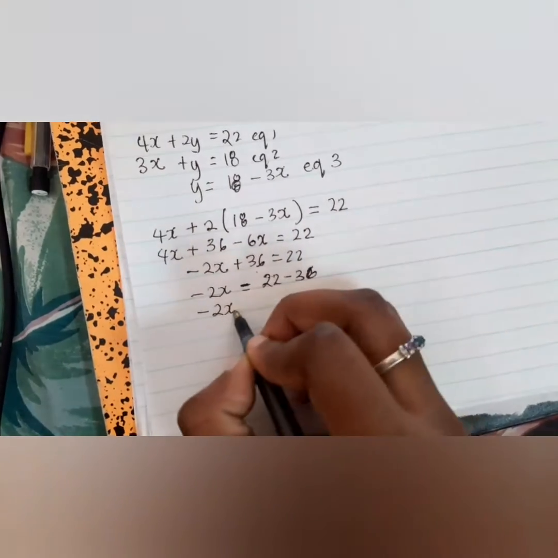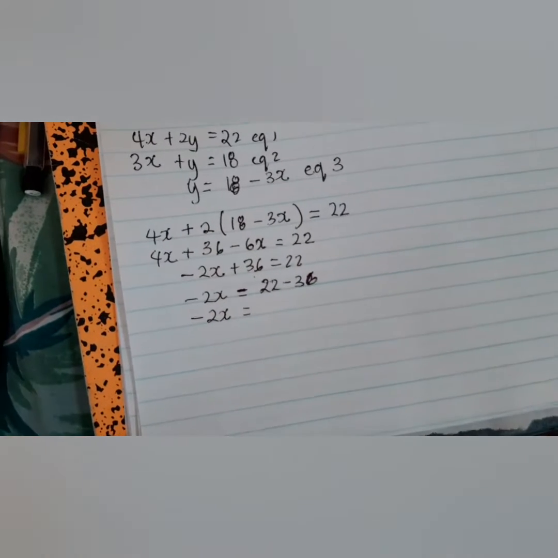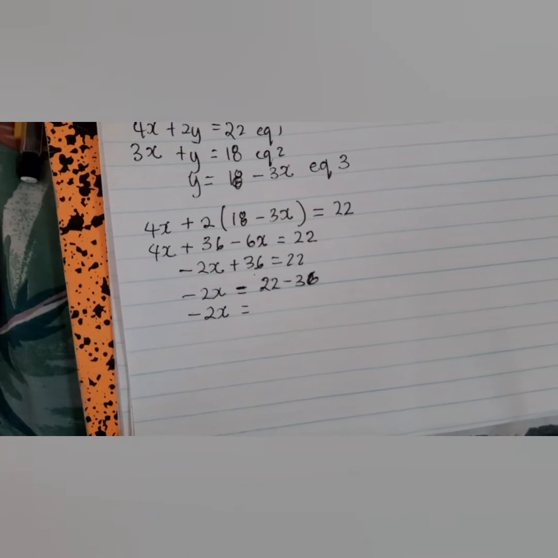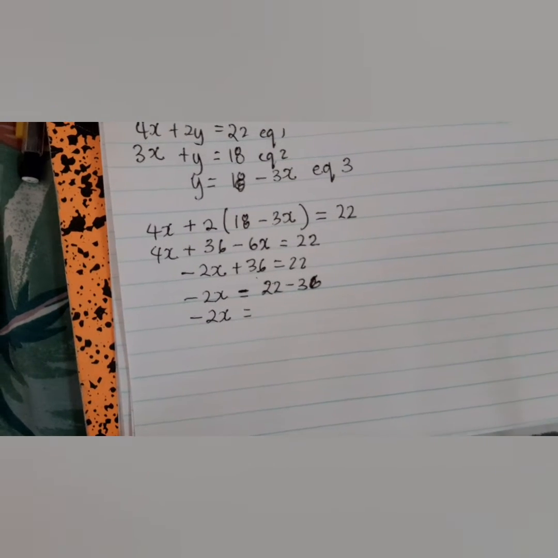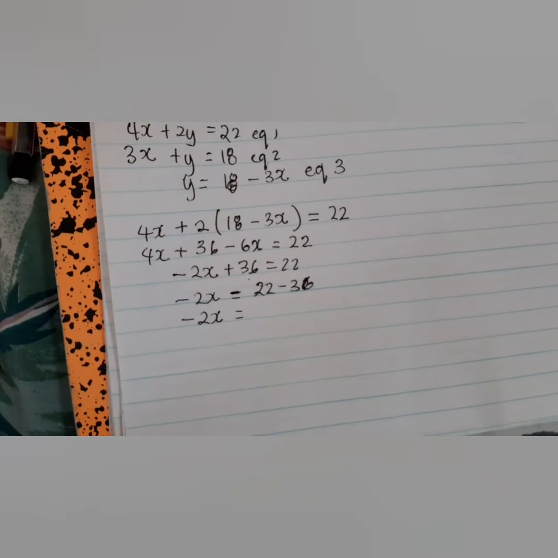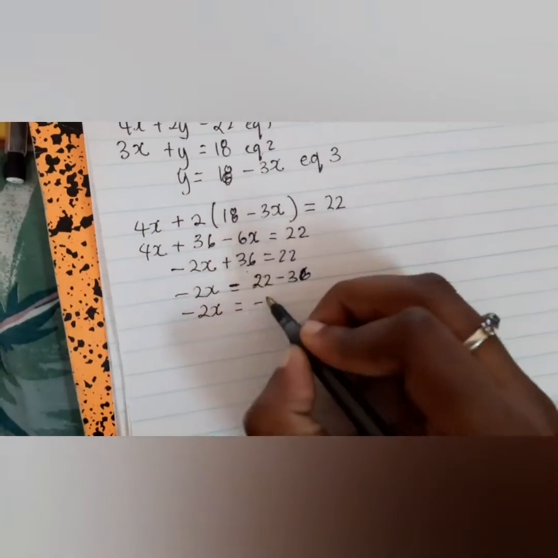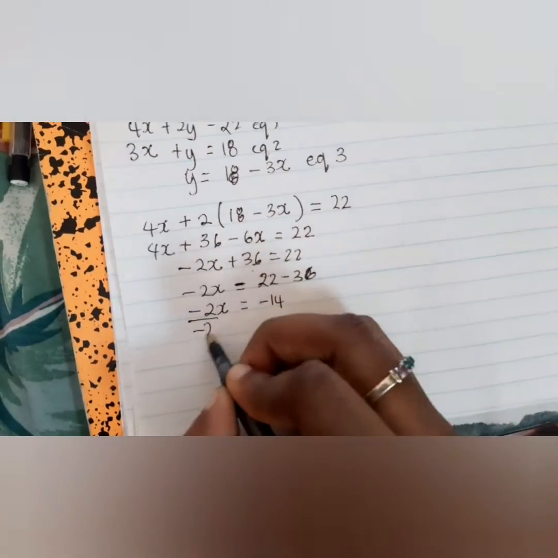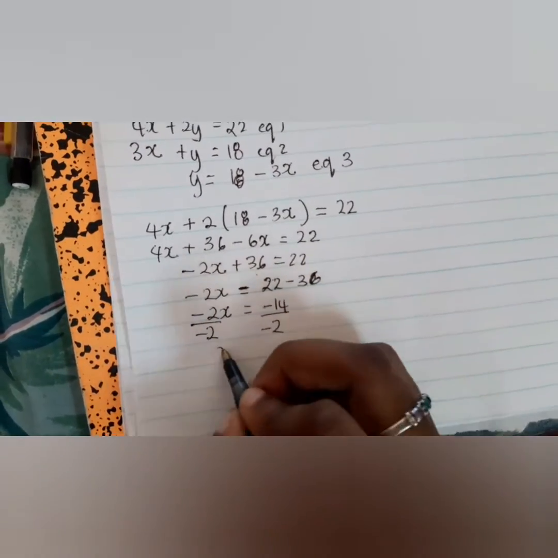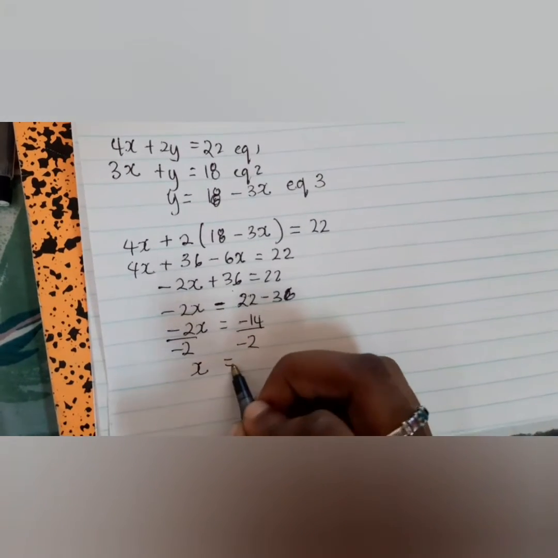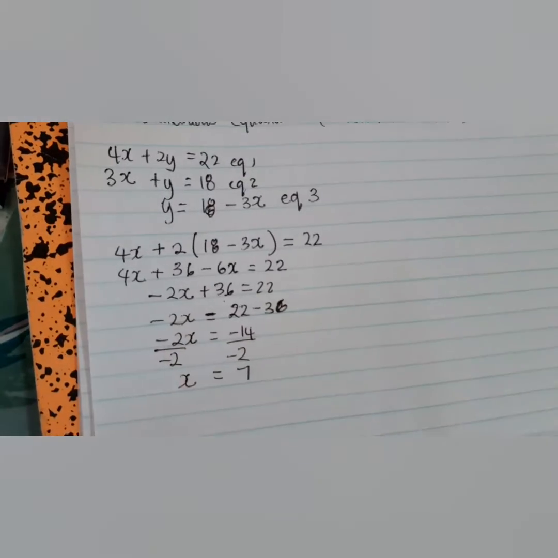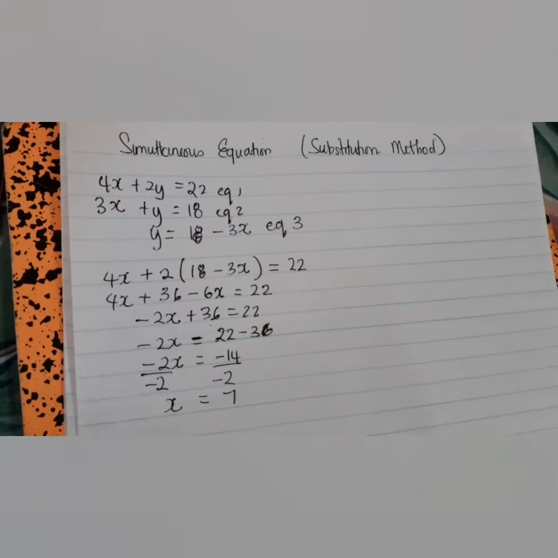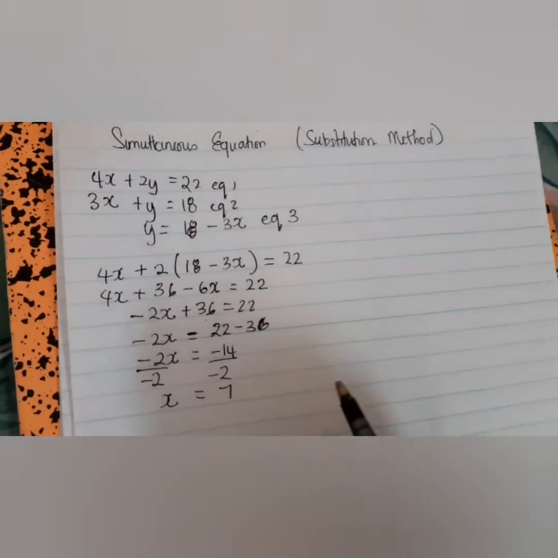So minus 2x is equal to 22 minus 36, and that gives you minus 14, divided by minus 2. So x is equivalent to 7. That's what we got before, right? For the x value, yes. So we can see that everything is going good so far.